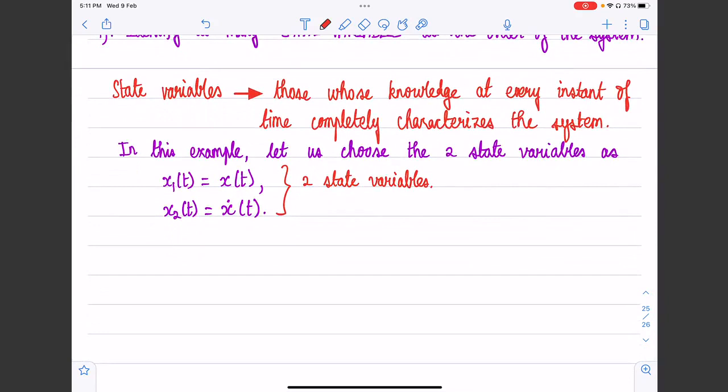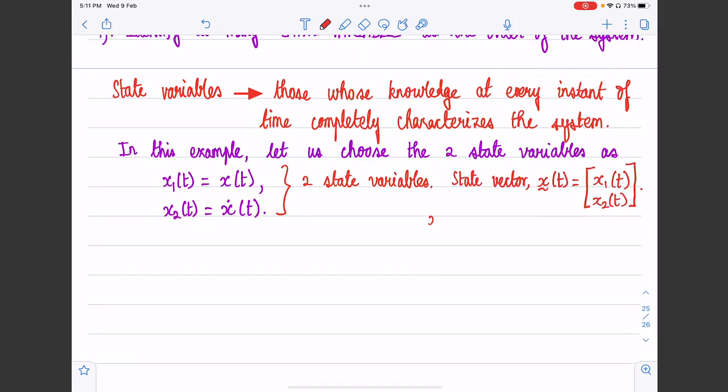As I mentioned, when we start doing more examples, we will also get an intuitive feel of how we make these choices. So the so-called state vector x of t can be written in the following way. It's going to be the two state variables stacked one below the other as a column vector. That's how we write the state vector.